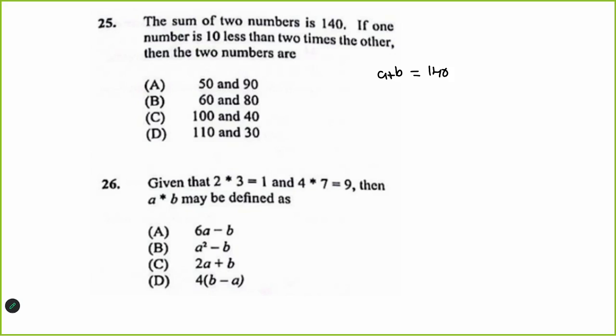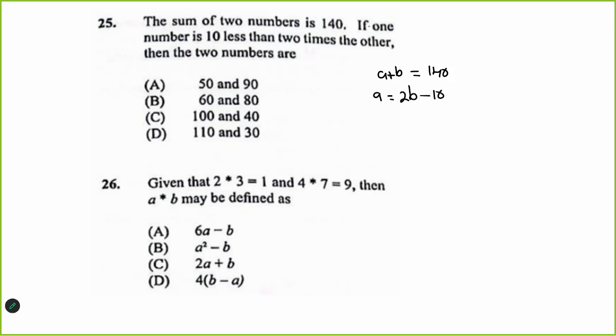If one number is 10 less than 2 times the other, then the two numbers are... So if one number is 10 less than 2 times the other number, let's just say A is 2 times the other number minus 10, so A would be 2 times B minus 10.